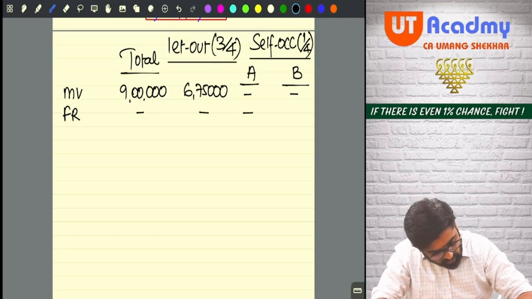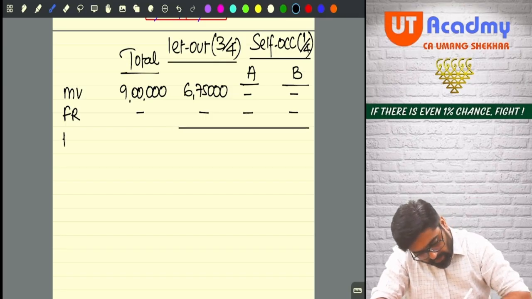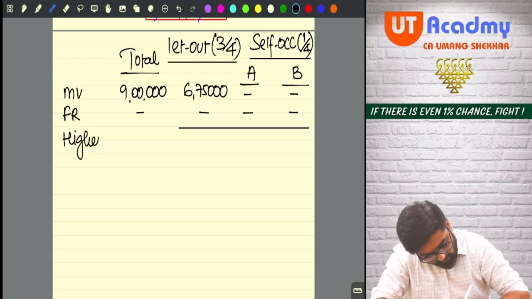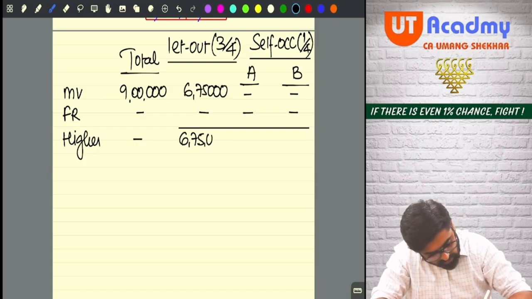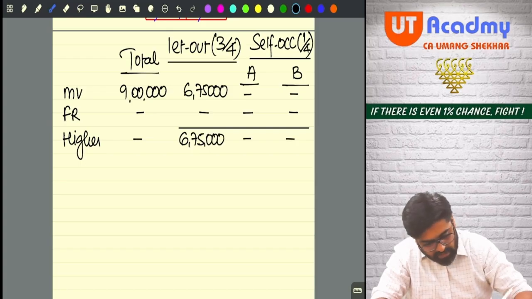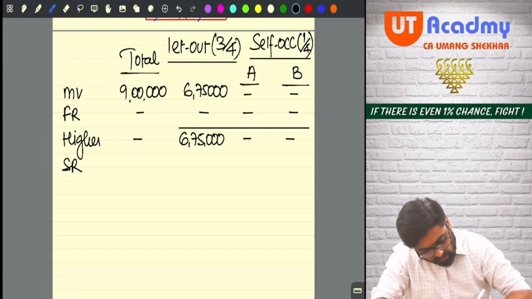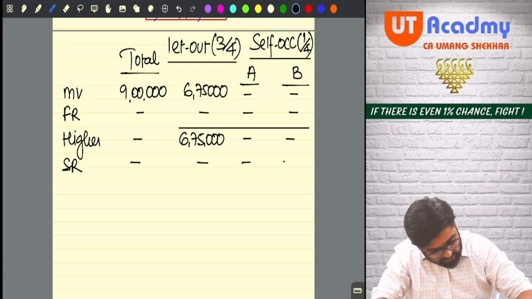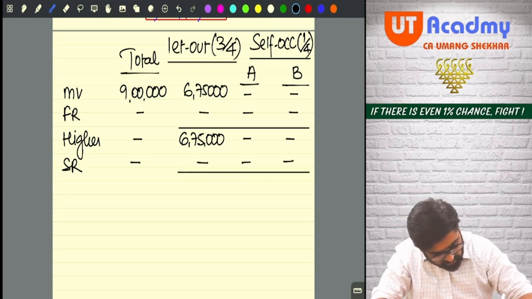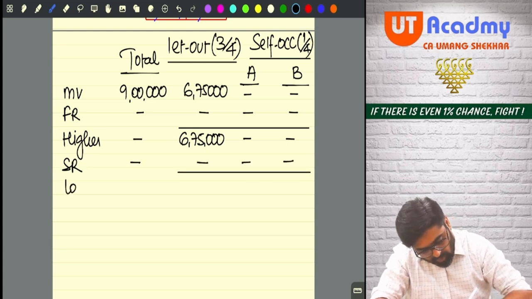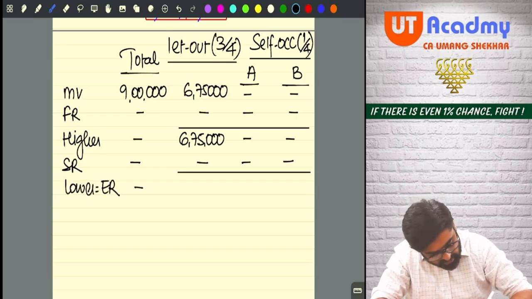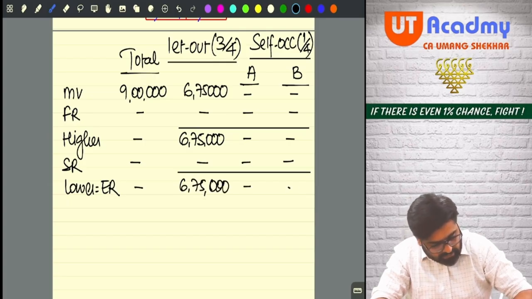I will not write here. So can I say the higher amount here will be 6,75,000 only. Now standard rent is also not given. Everywhere it is dash only. It is a very easy question. So lower amount, equal to expected rent, will be 6,75,000.